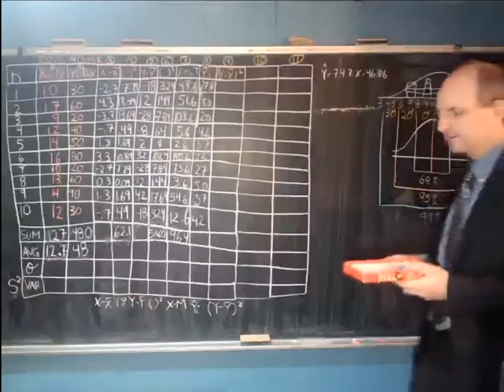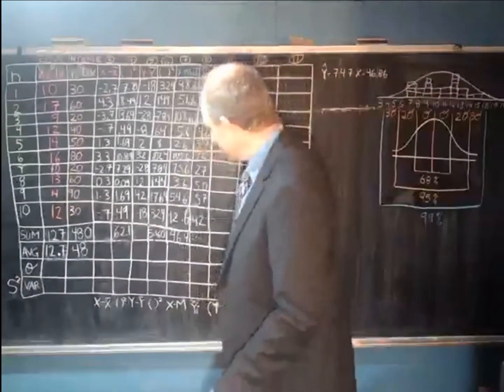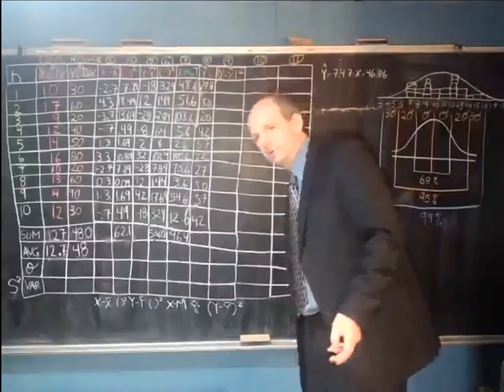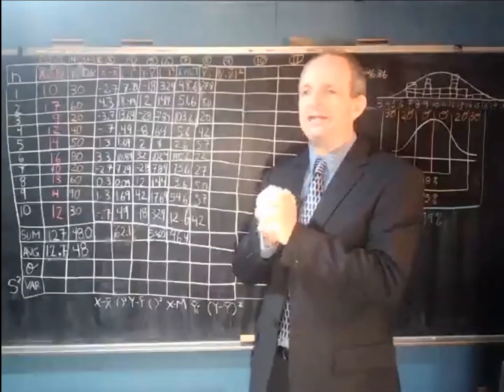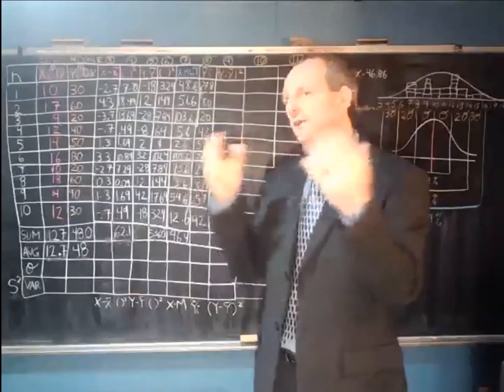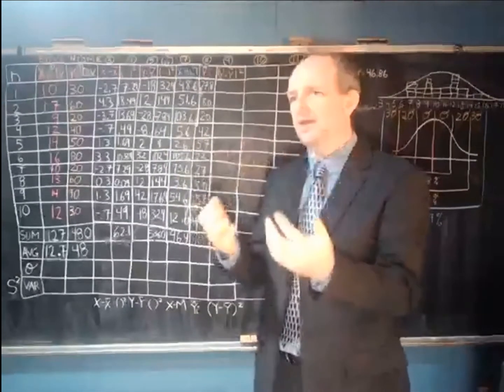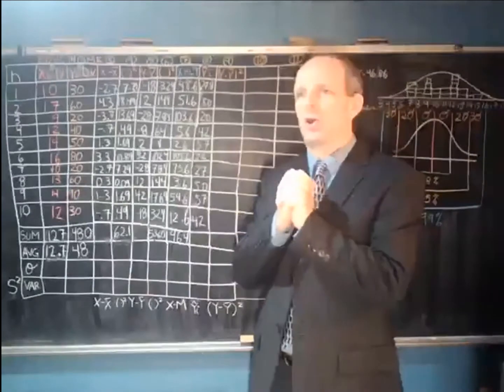This is a natural occurrence in nature, as predicted by the central limit theorem, that any phenomenon with a distribution, if it's replicated, will create a normal curve.